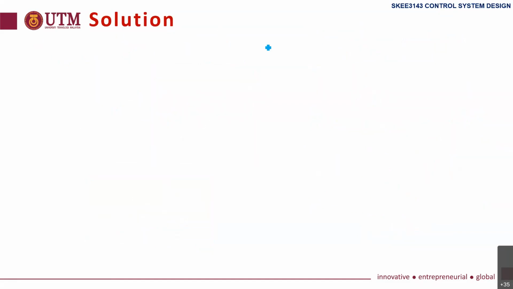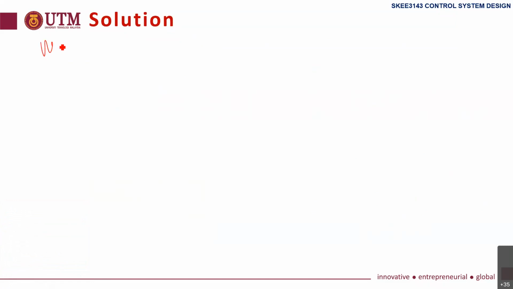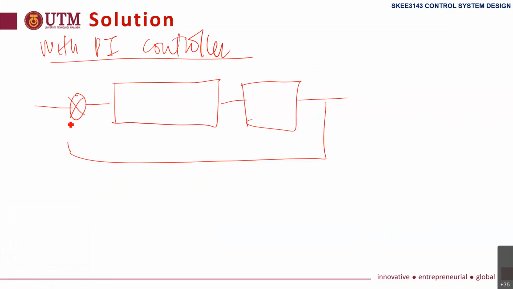Next, we move to the one with PI controller. With PI controller, we will have to add a transfer function here. Here we have 1/((s plus 0.5)(s plus 2)).